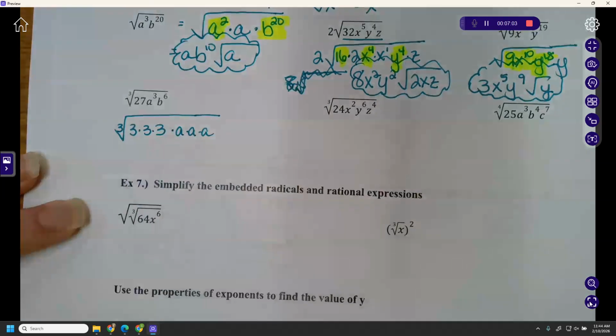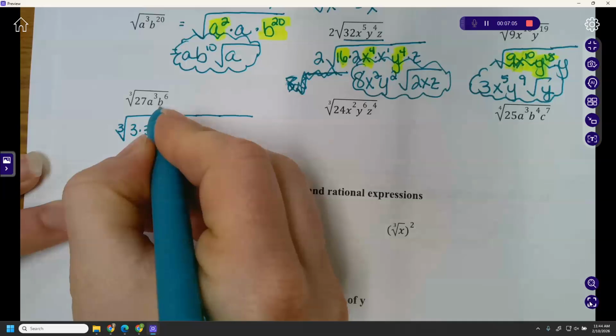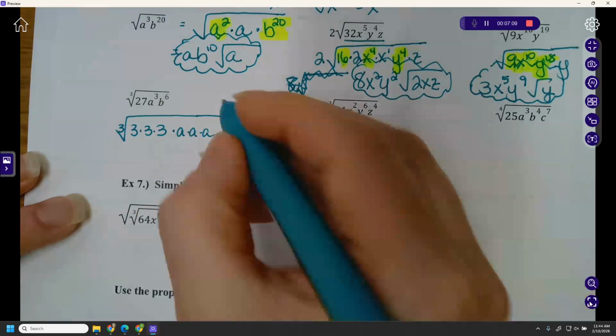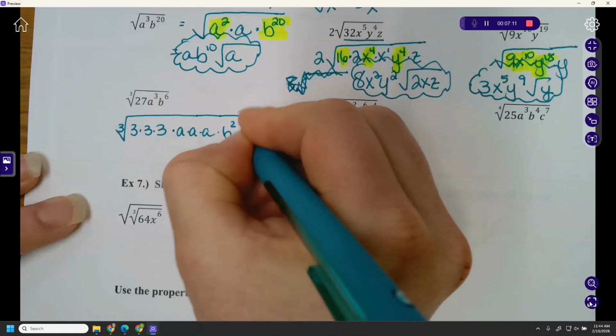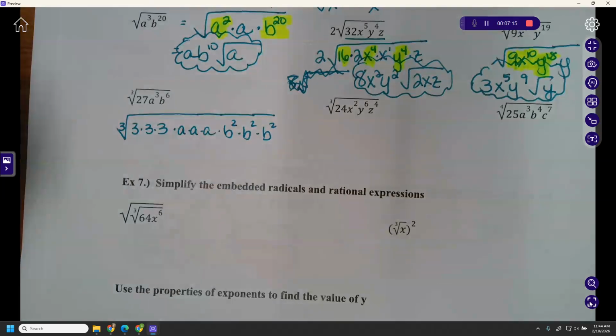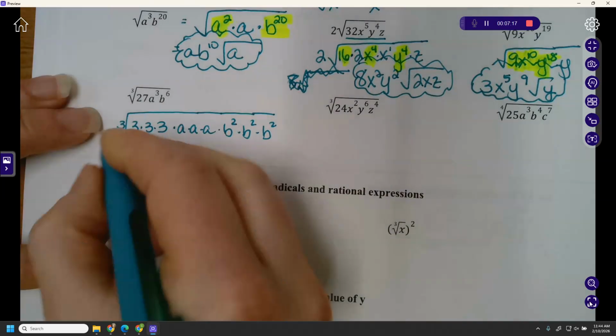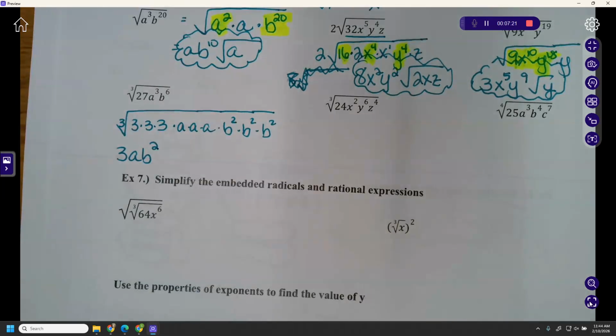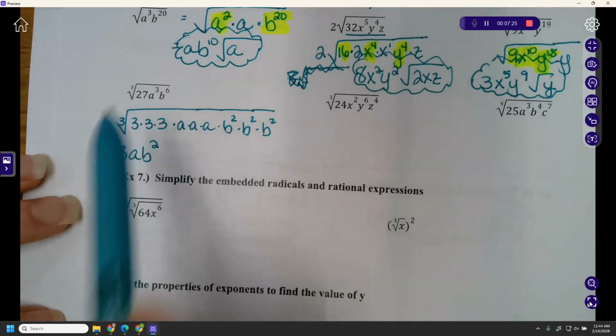I can take all of those. I need to write B to the 6th as 3 factors. How would I do that? B squared times B squared times B squared. Okay, so this simplifies to 3AB squared.